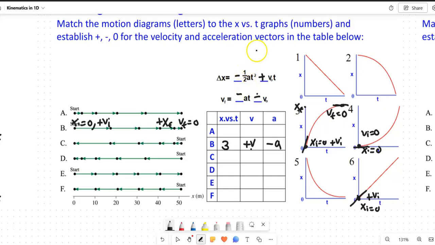So this would be 0, and this will be 0. But it's moving to the right, and it's slowing down. Actually, that initial velocity isn't 0. I'm so sorry. This is a positive initial velocity, right? And its final velocity is going to be 0. So it's moving to the right and slowing down.